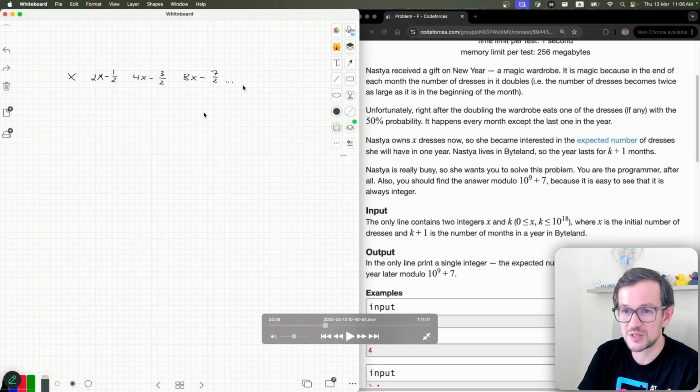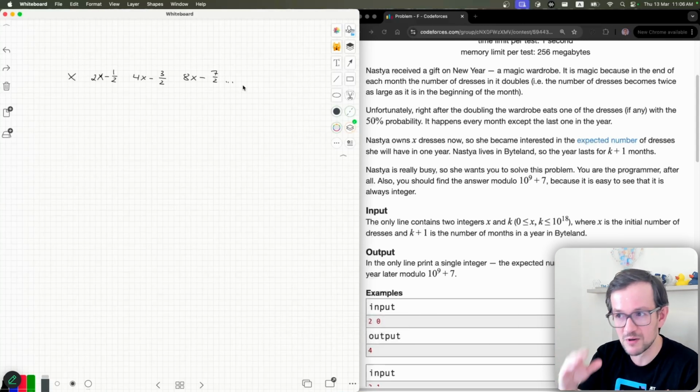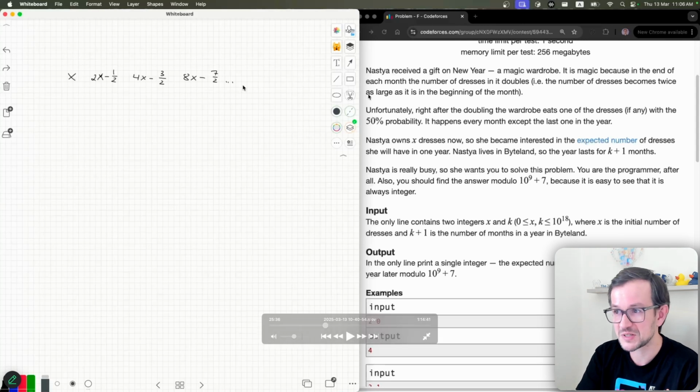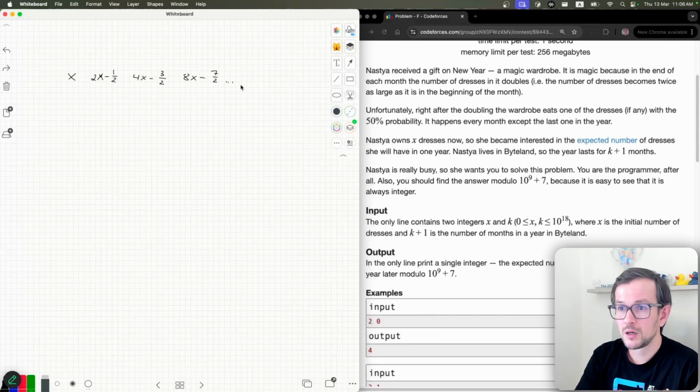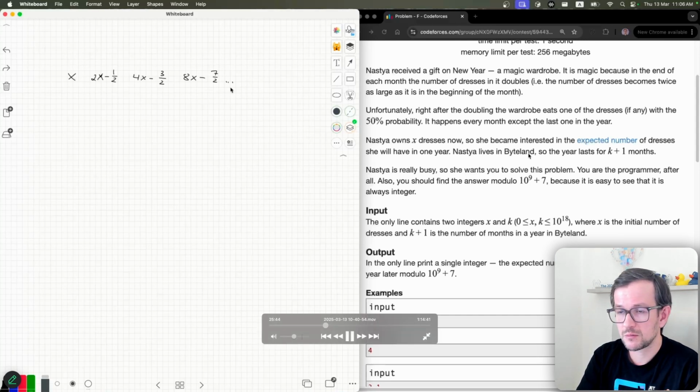I just know that the formula should be some exponent of 2. It kind of makes sense. If you double everything every day, you should have some exponent base 2, basically. You just need to find all the details, and I do it like this. And that's it. Okay, now.